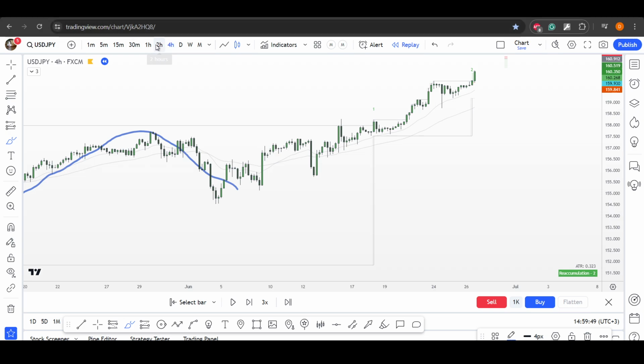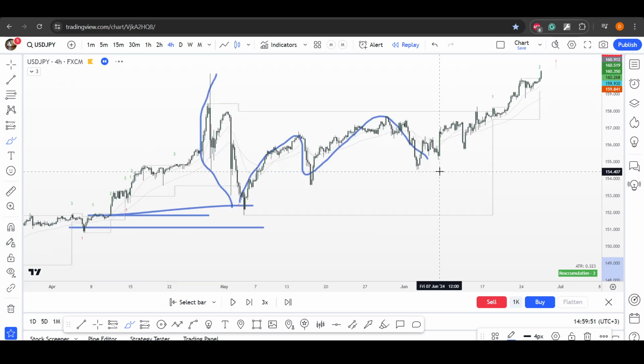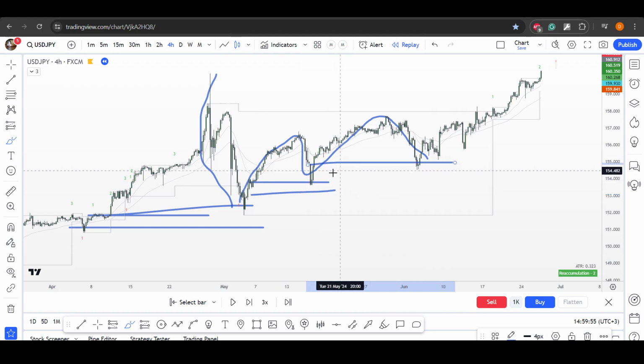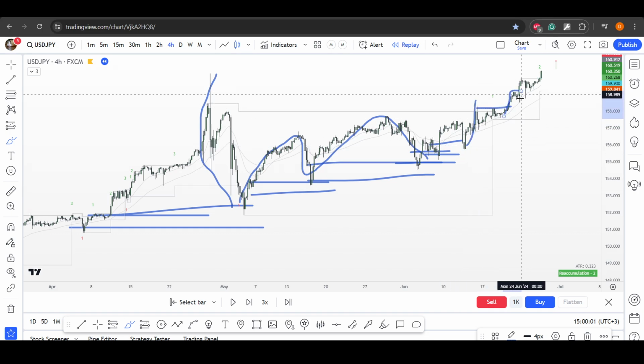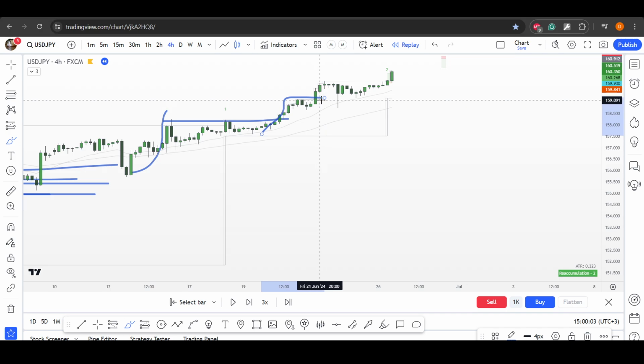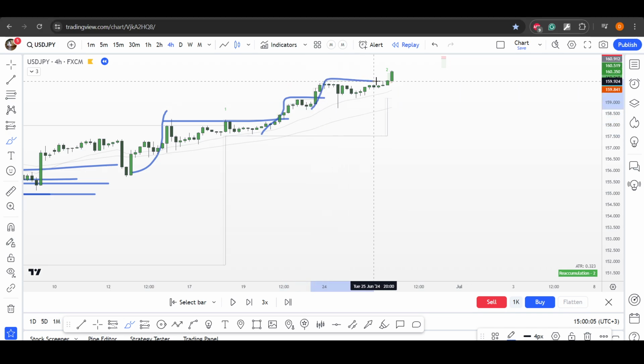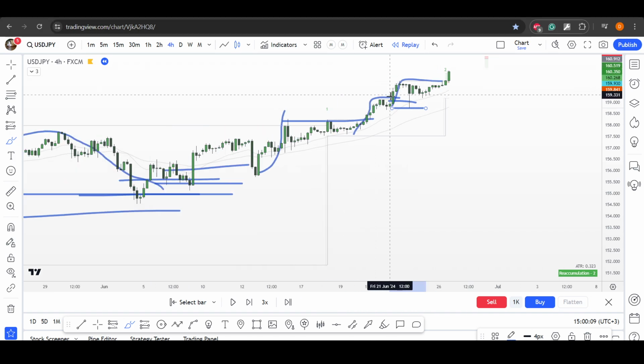So on the 4 hours we have the same, just an upwards moving market that is creating chains of demand, that is holding chains of demand and creating ICIs to the upside. And recently it created one more impulse correction into the zone, so basically the same like we saw on daily.